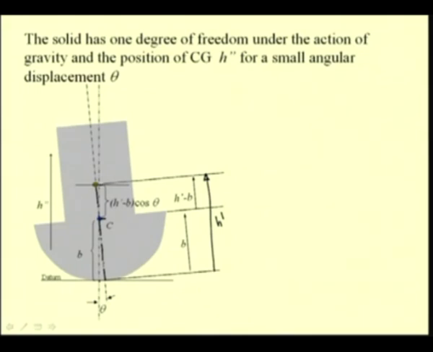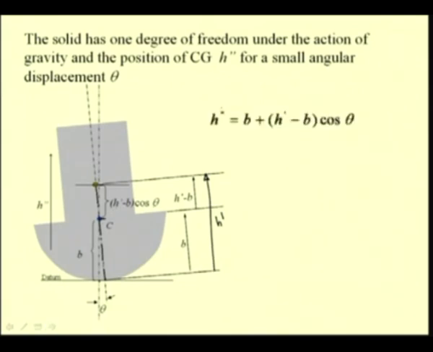So, the location of the CG with respect to the datum, if we term it as H double prime, is equal to this distance, that is B, plus H prime minus B cos theta.